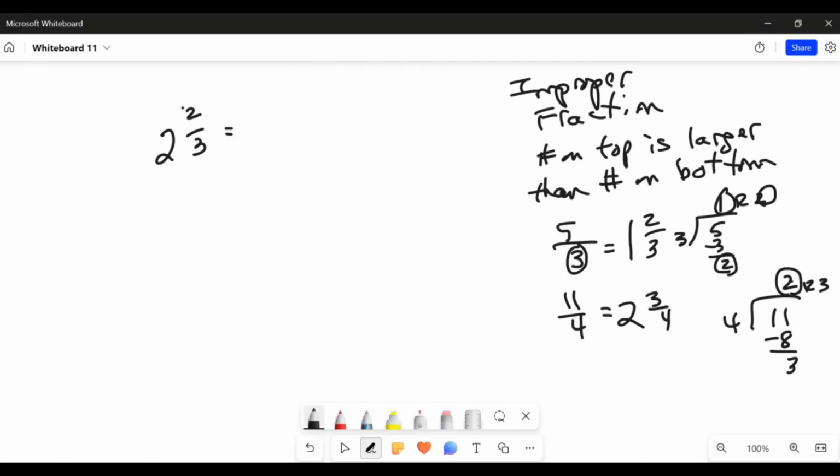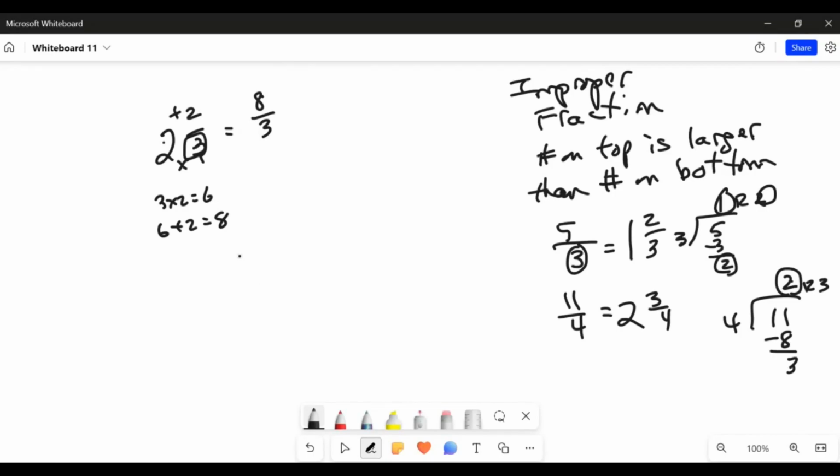To go the other way, to change a mixed number into an improper fraction, you take the number on the bottom and multiply it by the whole number part. 3 times 2 is 6, and you add the numerator. And we get 8, and in this case, thirds. 8/3.